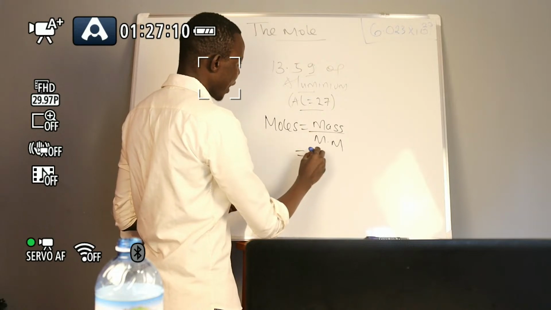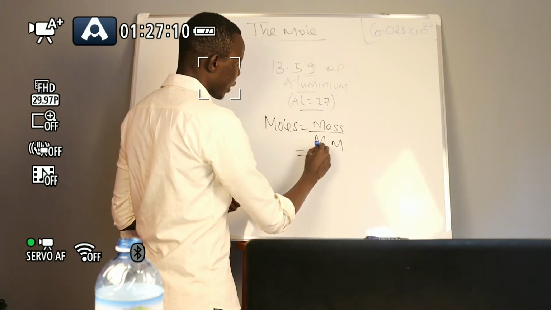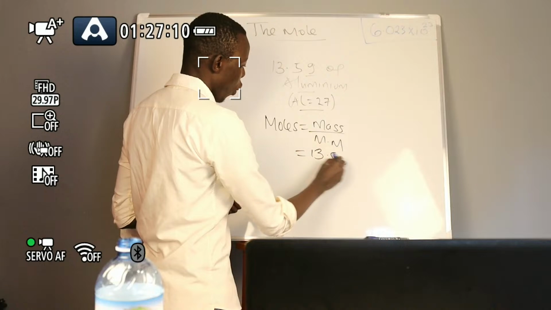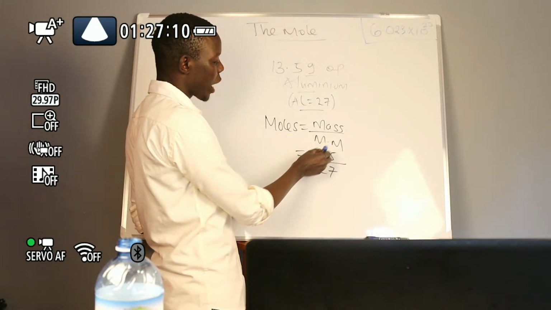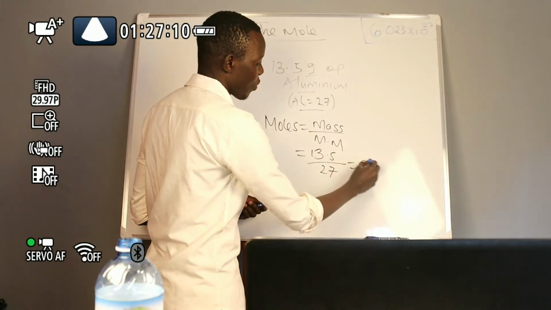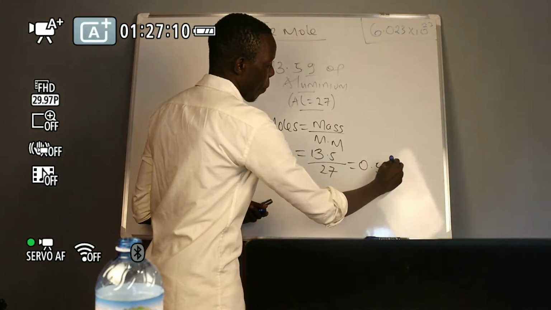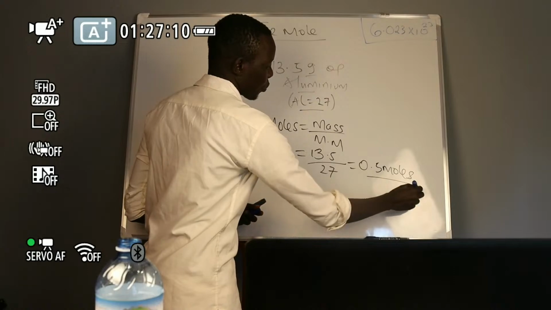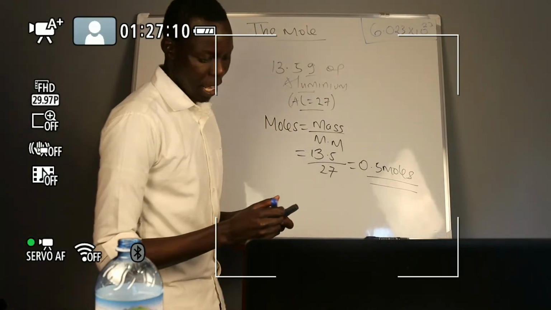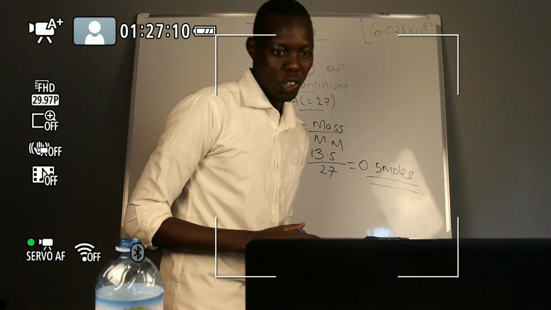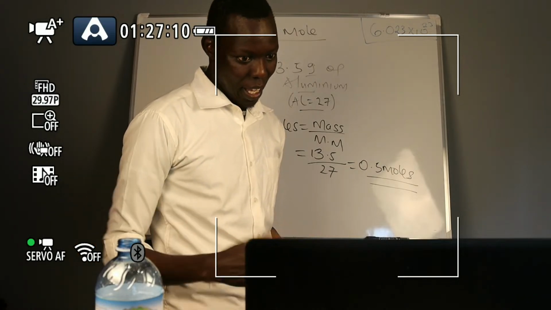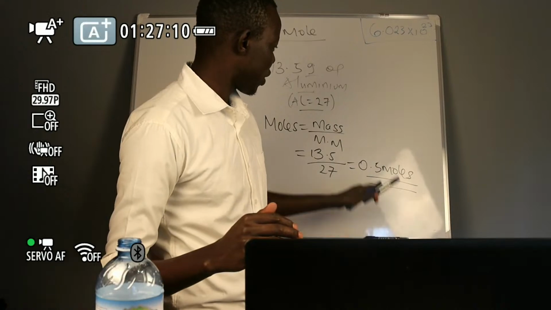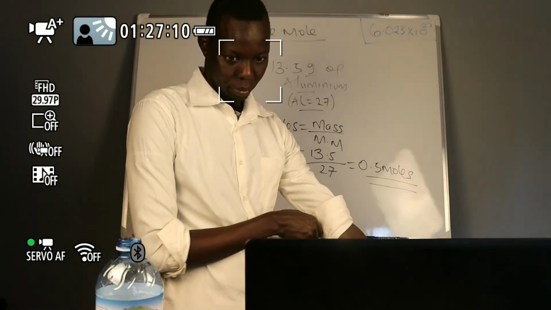So it's going to be mass, which is 13.5 over 27. By the way, 13.5 times 2 is 27. So 13.5 divided by 27 is 0.5 moles. Beverly, there you are correct. That is 0.5 moles.